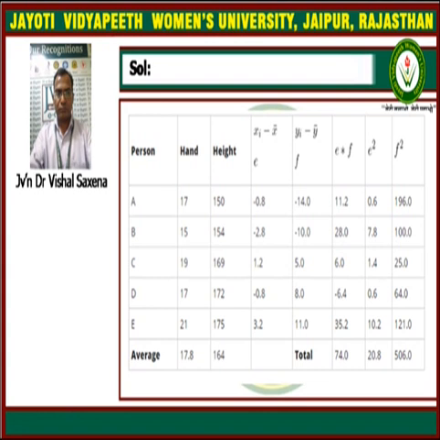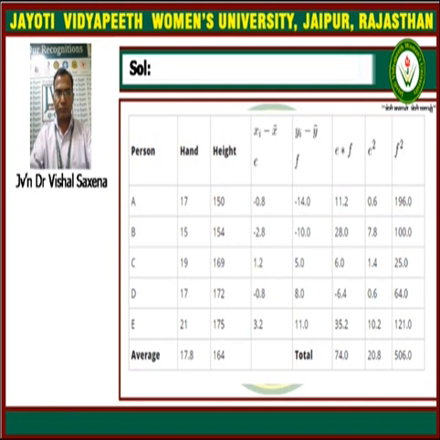These are the deviations E and F, which we have to find from their mean values. The mean values are shown as 17.8 for the hand, the series x, and 164 for the height, the series y.